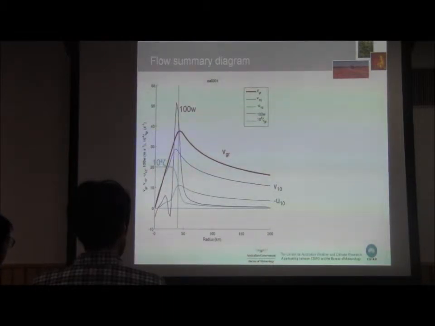The supergradient flow at the eyewall becomes much stronger. And remind me to explain to you why in about 3 slides' time, because it's an important feature of the overall dynamics of the boundary layer. Yes. Any more questions?